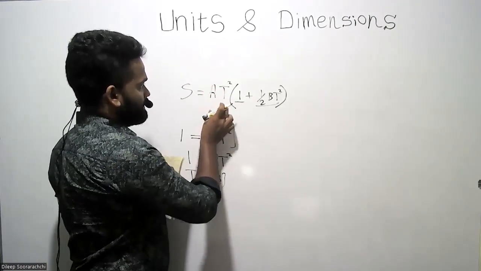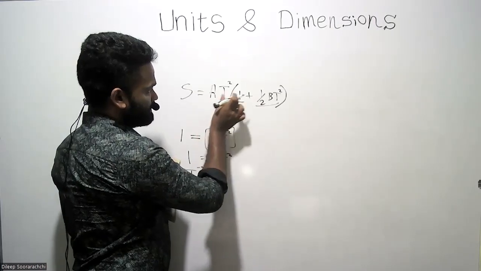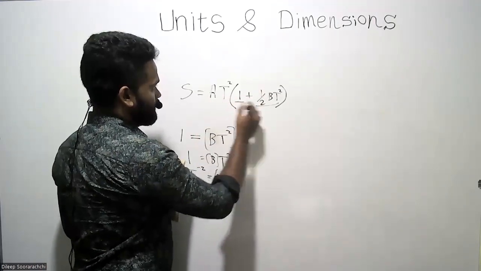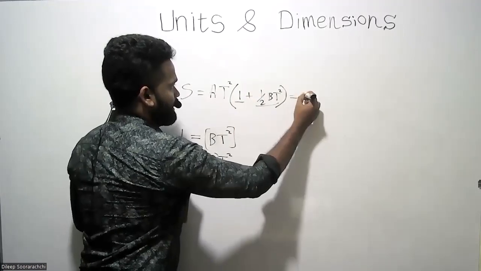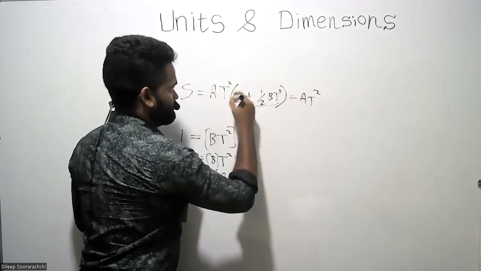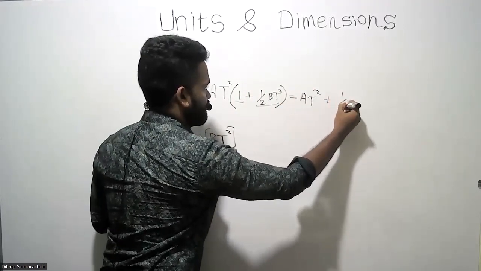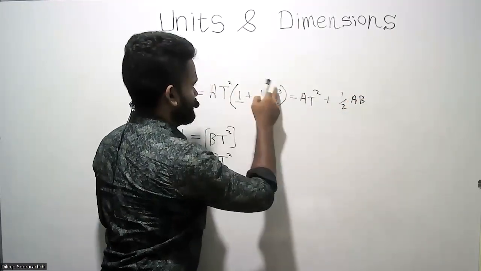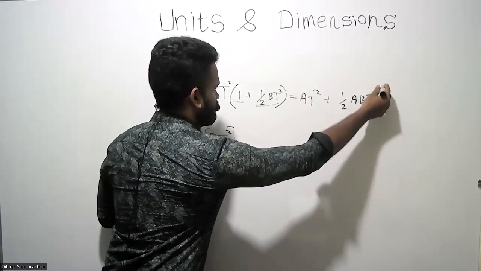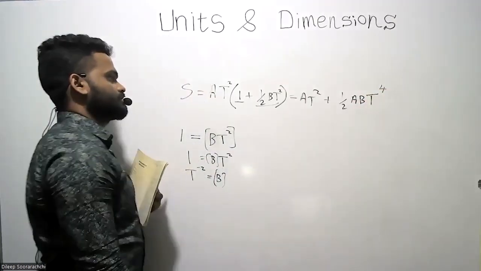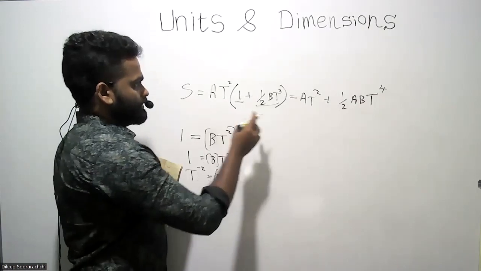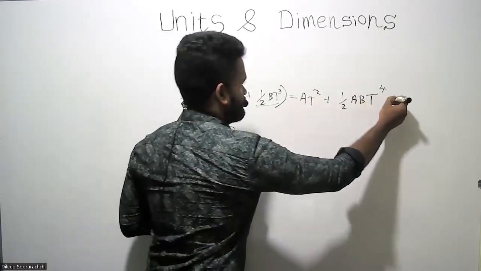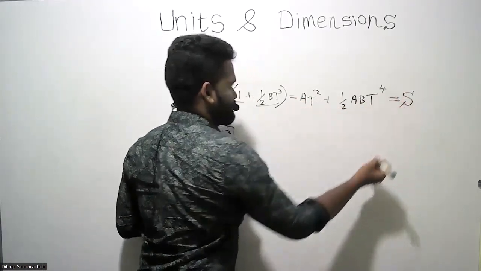To find a, it's better to multiply inside the brackets. So you get a t squared, and this becomes plus half a b t to the power 4. Okay, so this is one equation. This also is equal to s.